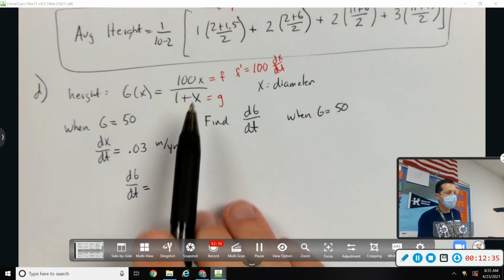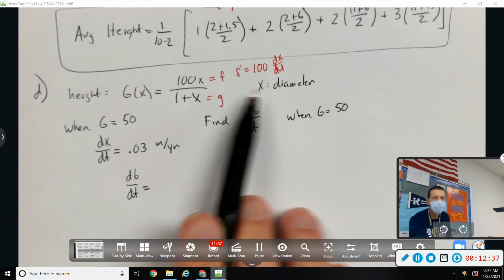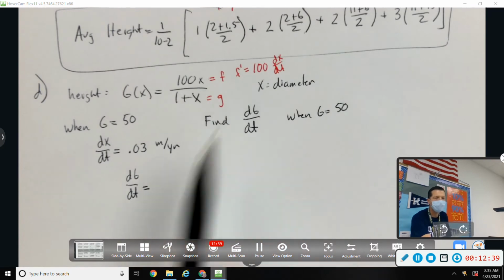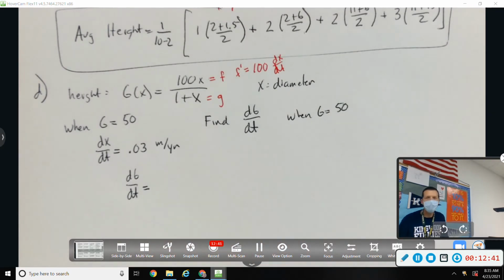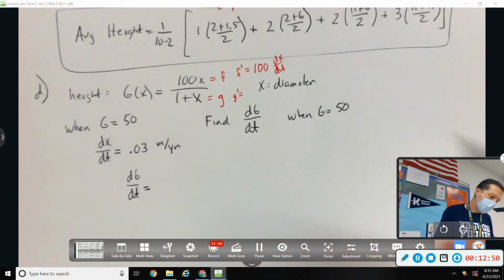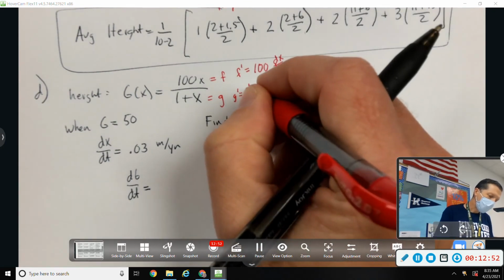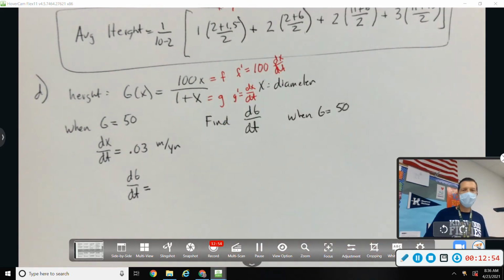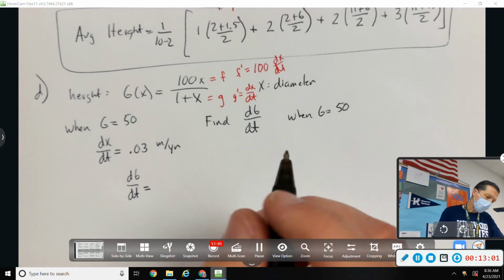So we don't usually have a chain rule when x is involved, but x is changing, so I need a dx/dt on that. What about g prime? What will g prime equal? dx/dt. Okay, so at least those pieces aren't bad. I still got to do the quotient rule, but the individual derivatives are easy.